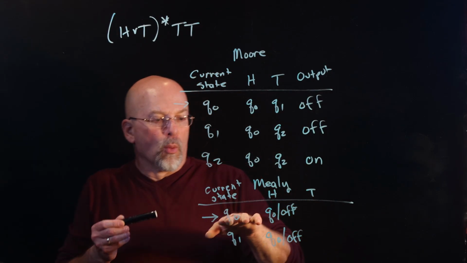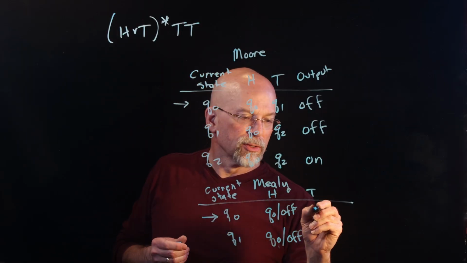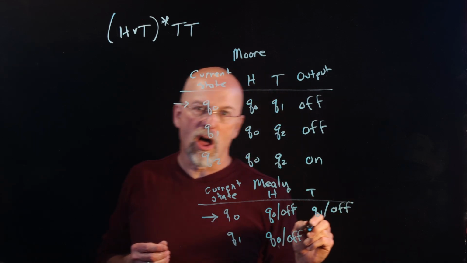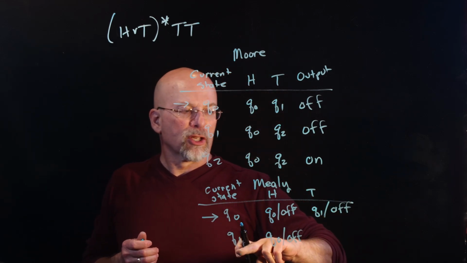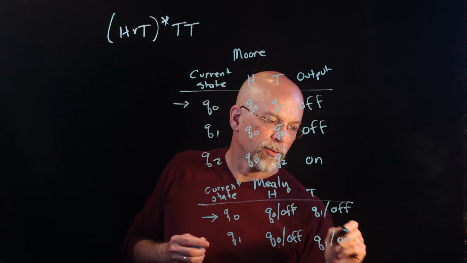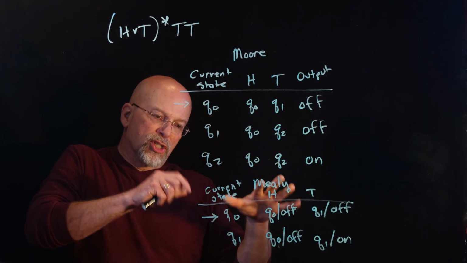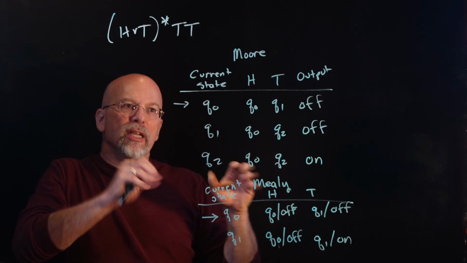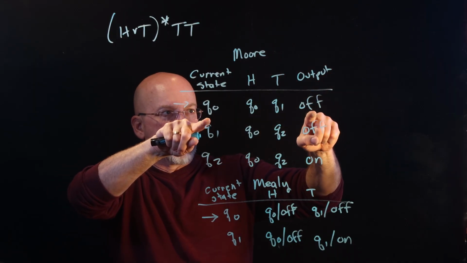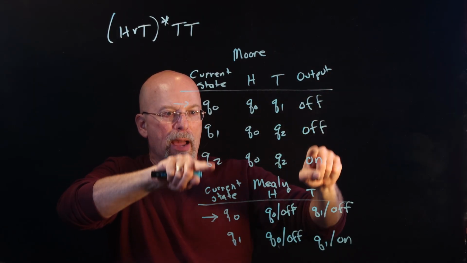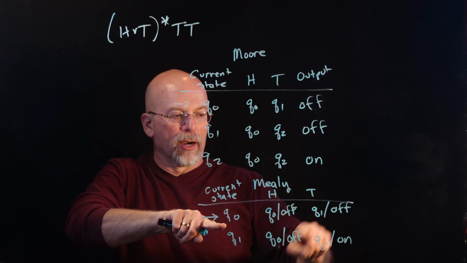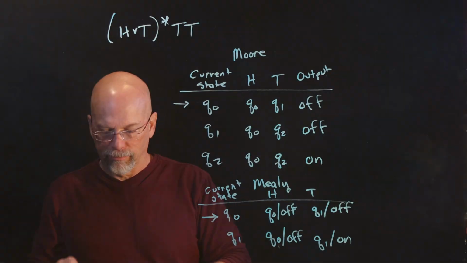Now, if you remember, when I was in Q0 and had a tails, that brought me to Q1, but the bulb was still off. If I'm in Q1 and got a tails, that kept me in Q1, but I turned the bulb on. And so a slightly different way of representing the transition table. Remember, the Moore machine says the state is the only thing I need to define my output. The Mealy machine says the state and the input are required in order to define my output.